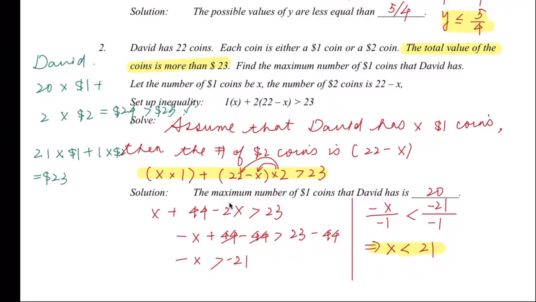Okay, but this is not consistent with the question, because the question says the total value of the coins is more than $23. It didn't say it can be $23. The question says the value has to be more than $23, which means this solution is not correct. Okay, which means 21 is not acceptable. This is wrong. Okay, the maximum number of $1 coins can only be 20, not 21.